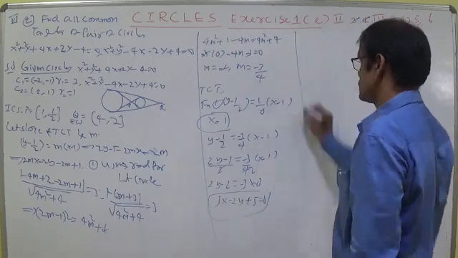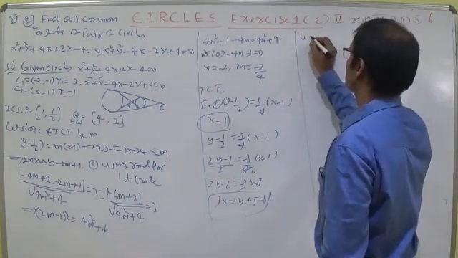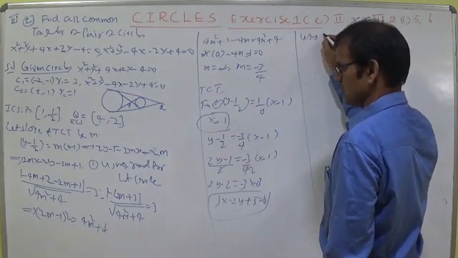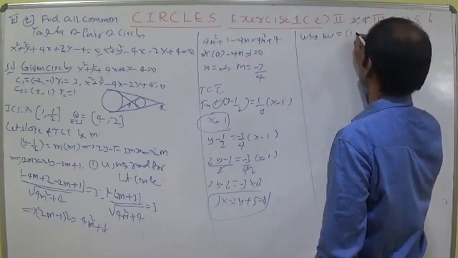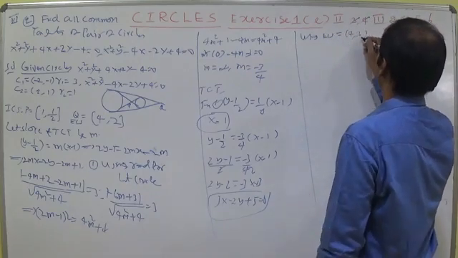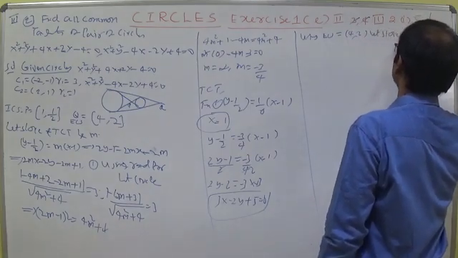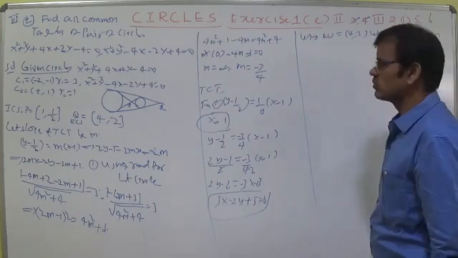These are the tangents. Now, the point is 4 comma 2. Let the slope of the tangent be m.